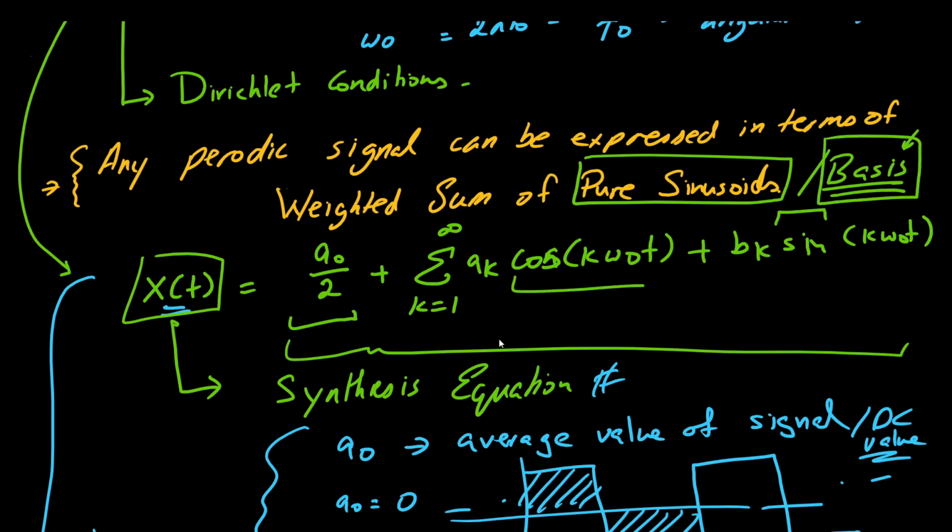So over here, this cos is orthogonal with this sine function. Moreover, cos 1 omega naught is orthogonal with cos 2 omega naught. Cos 1 omega naught is orthogonal with sine 1 omega naught, and cos 2 omega naught with sine 2 omega naught are orthogonal.